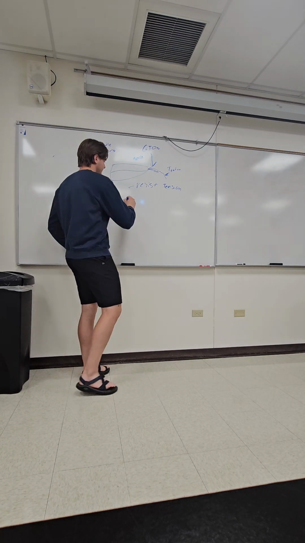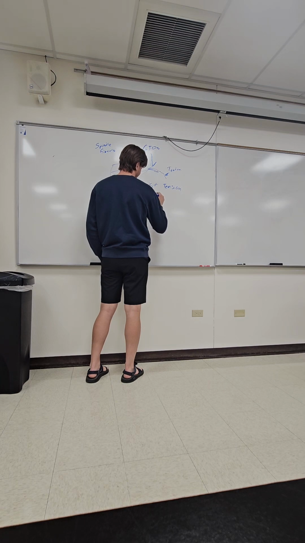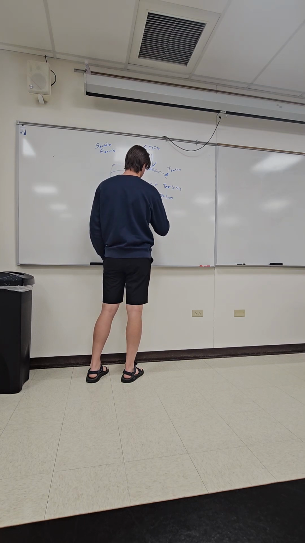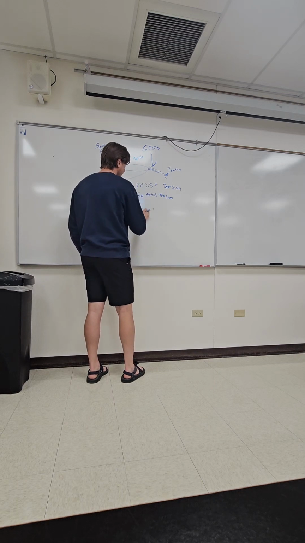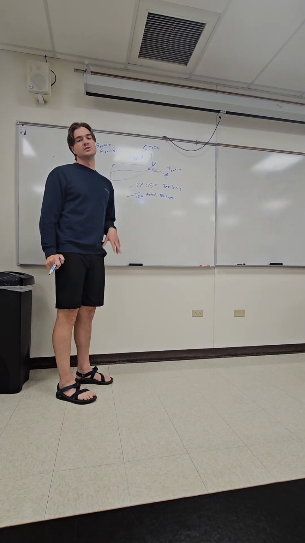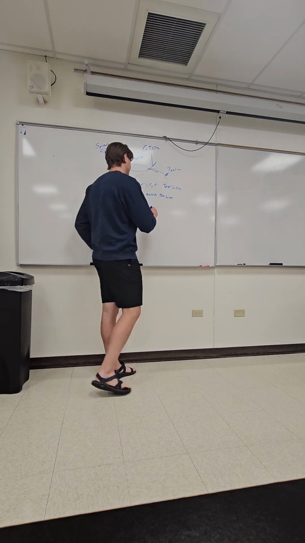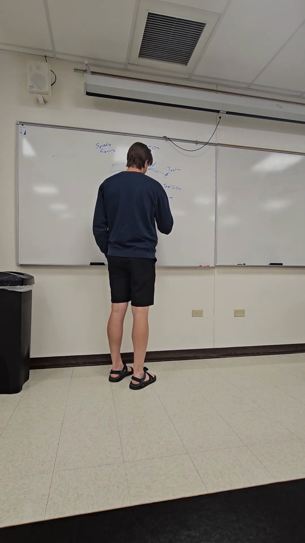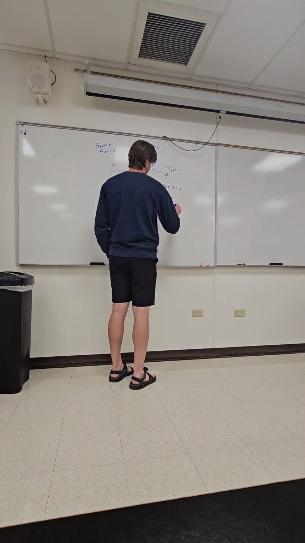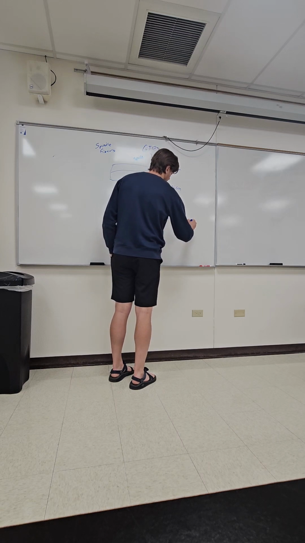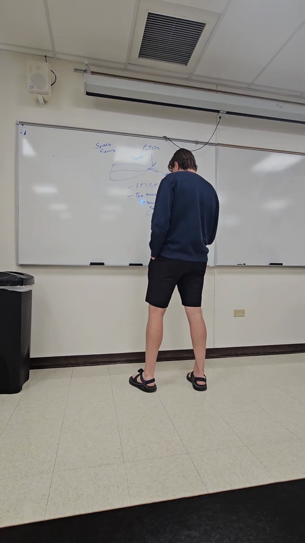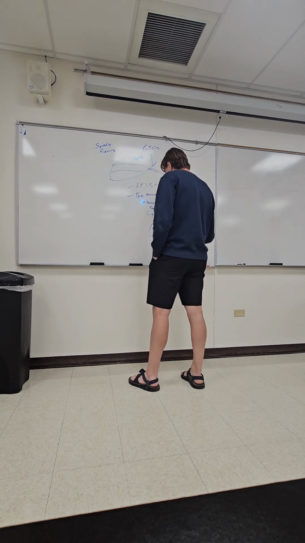Once we get too much tension, it will send an afferent signal to the control center to inhibit the motor neuron, which causes the muscle to relax.